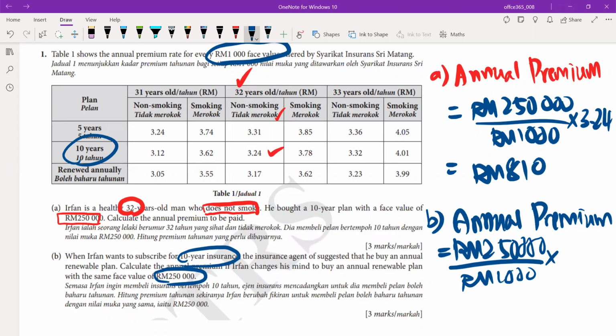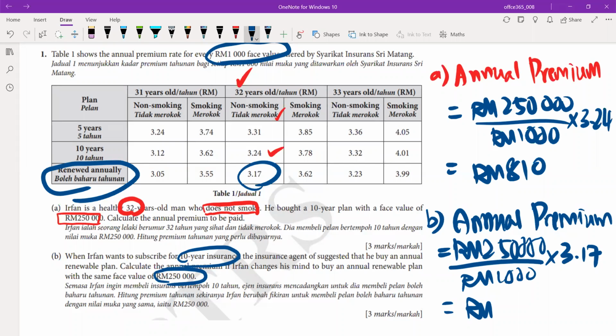And then you have to times what? Because they say renewable, so renewable is this table. You have to look at it: 3.17. This tests whether you can find the table rate. So it's 3.17, and the answer is 792 ringgit and 50 cents.